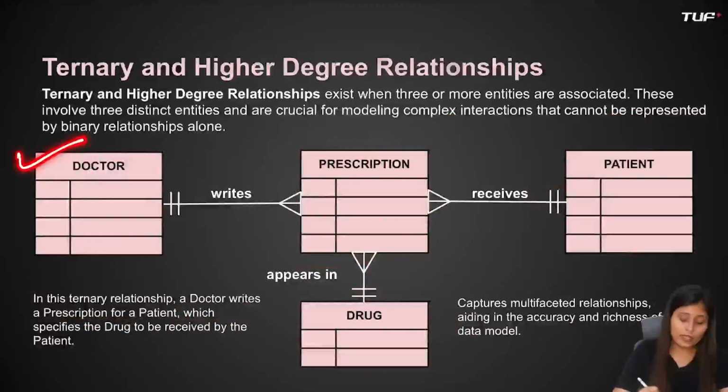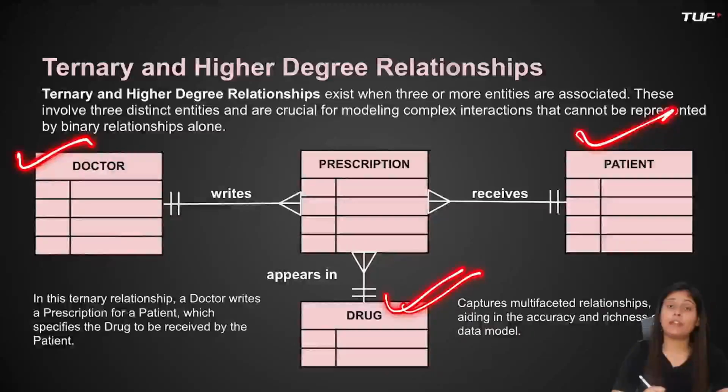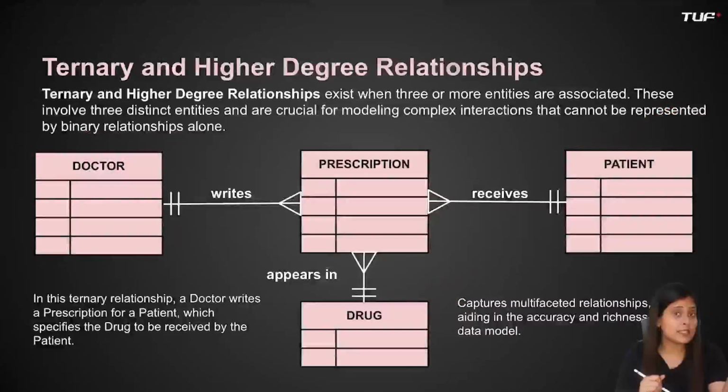So here all these three interactions of entities are very important, and the relationship occurs in these three entities together. So when three entities come together to build the relationship, that is called ternary relationship.